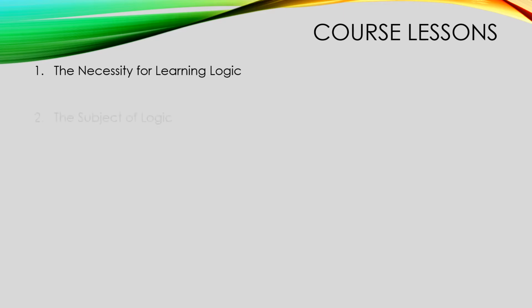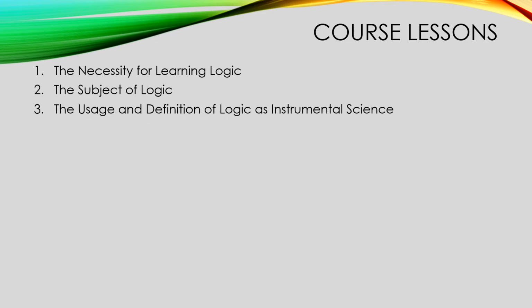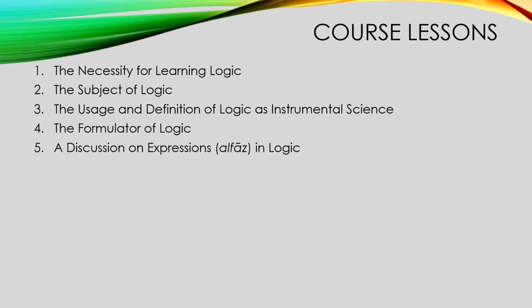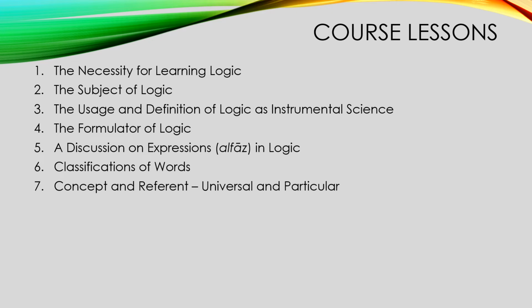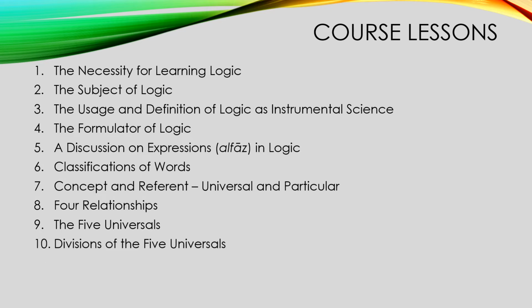The necessity for learning logic, the subject of logic, the usage and definition of logic as instrumental science, the formulator of logic, a discussion on expressions or alfāẓ in logic, classifications of words, concept and referent, whether universal, kullī, and particular, juz'ī, 4 relationships, the 5 universals, divisions of the 5 universals, definition and its types, the rules of definition, and if we have still time within the course of the semester, we could even proceed to other subjects and lessons in the textbook that we have.